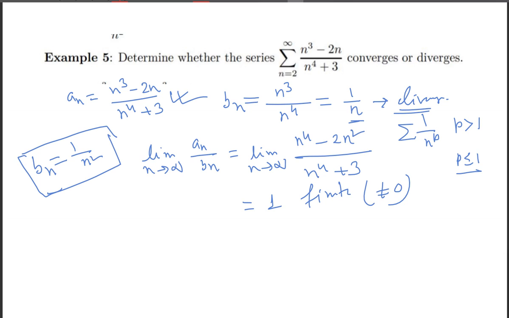In that case, what will be the limit of n tends to infinity of An by Bn? Quickly find out. It will be n to the power 5 minus something, so you are getting infinity.